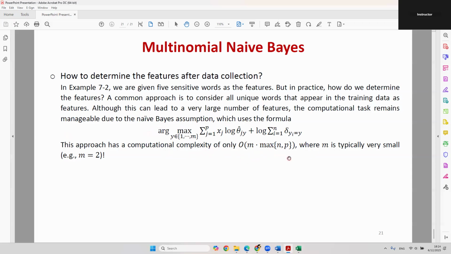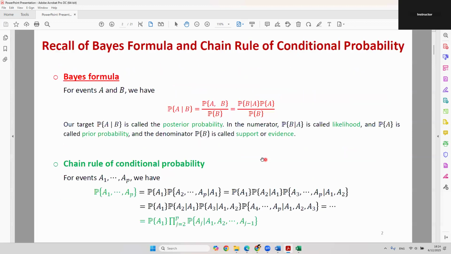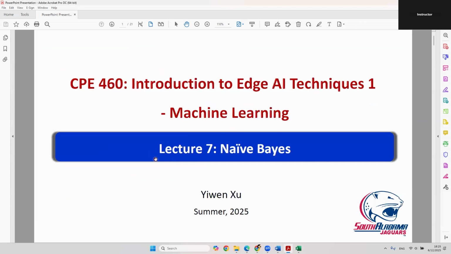It's only this one, so it's fully doable. That makes naive Bayes a very powerful classifier in practice. Later we'll see more examples. You'll be surprised that KNN and naive Bayes are so simple, but in many cases the results are very powerful. Okay, so this is the simple introduction of naive Bayes.